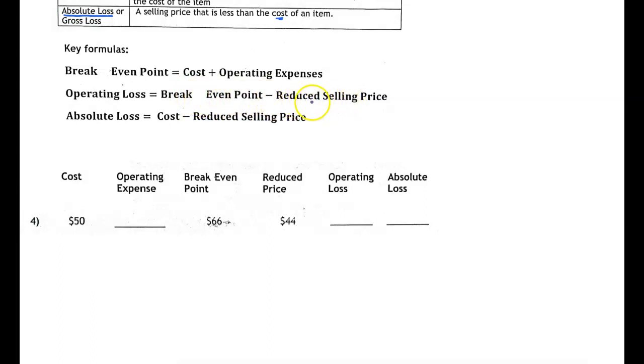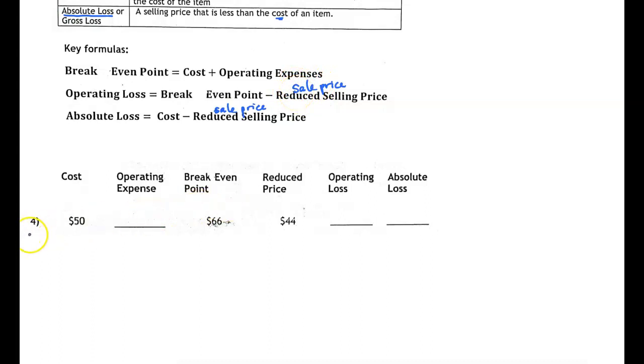So this is the sale price. An absolute loss is the cost of the item minus that sale price. So when we're talking reduced, it means that the price of the item has been reduced, meaning it's on sale.